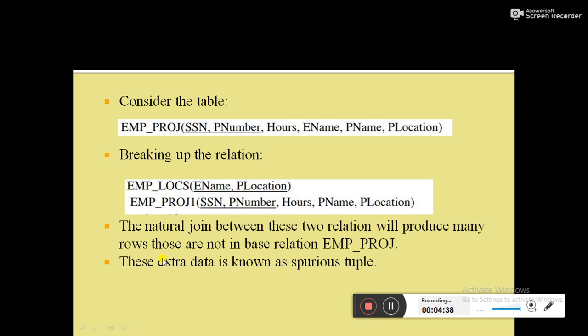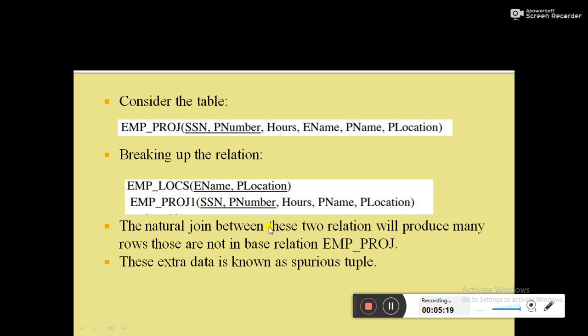Again, I am repeating, after breaking up the relation, we have to join EMP_LOCS and EMP_PROJ1. That means we have to perform the join operation between these two relations. After joining, if we get back all the data which belongs to the original base relation, then we can say that this is a perfect breakup, and that means that design is good.